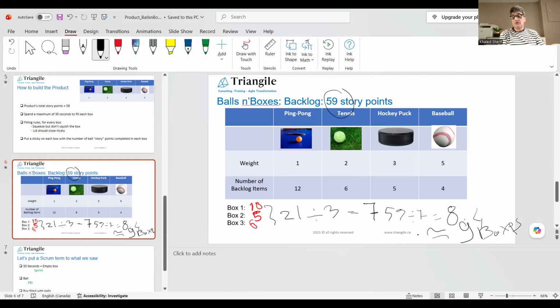I didn't need to go through all the boxes, but I know now that based on my estimates I would need 9 boxes. Pay attention that these estimates are not based on theoretical calculation. It is based on actual performance, right? Like we've actually done the work. I did the work of filling my balls inside the boxes.